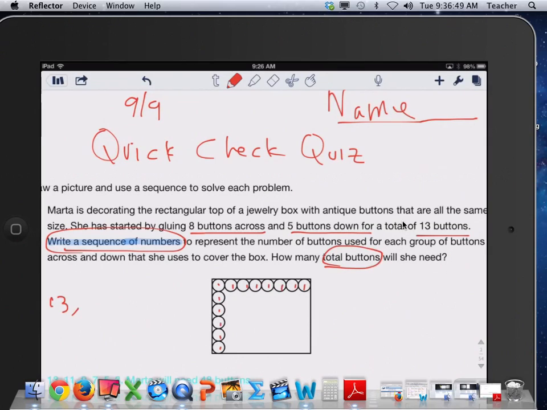Okay, they want you to write a sequence of numbers to represent the number of buttons used in each group of buttons, across and down. So, across and down, that's the first set of numbers. How about the second across and down? How many? 11.